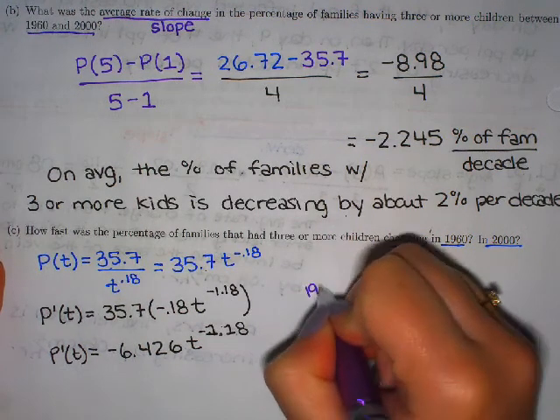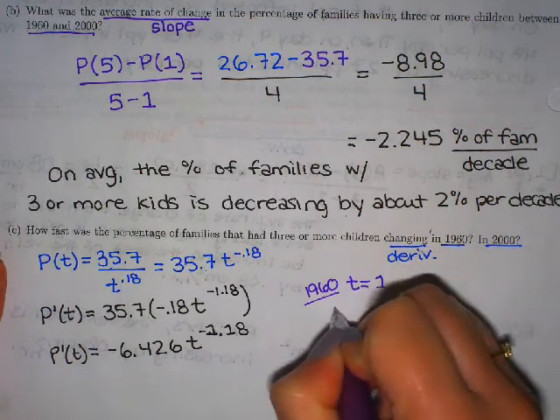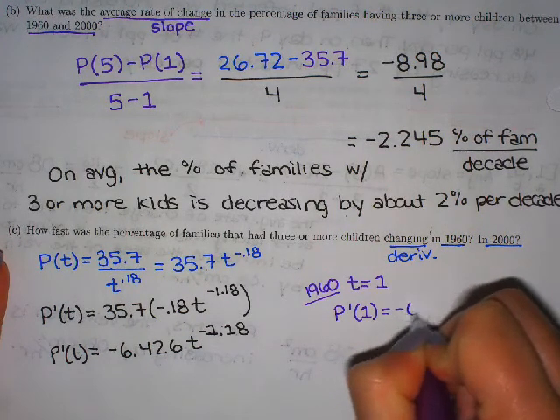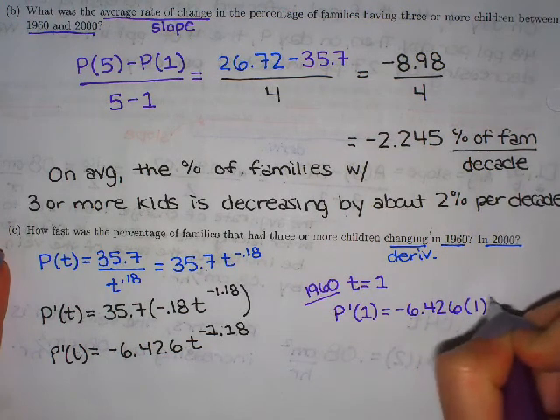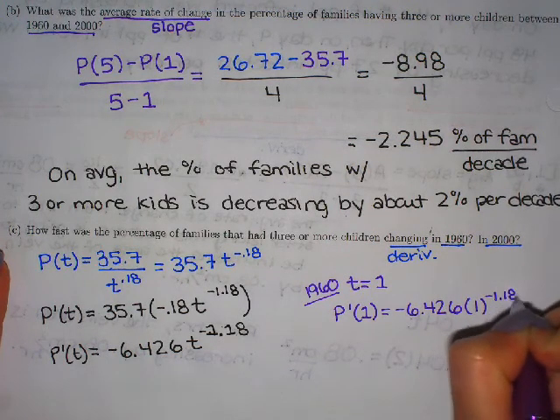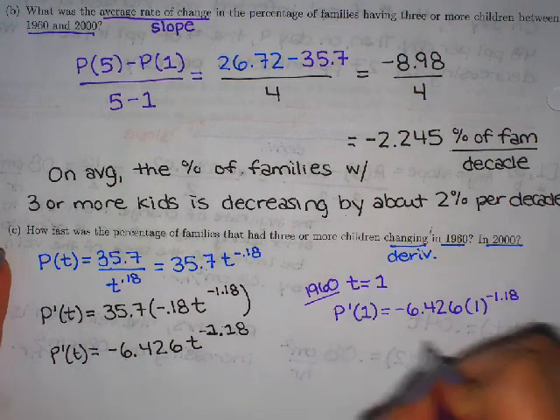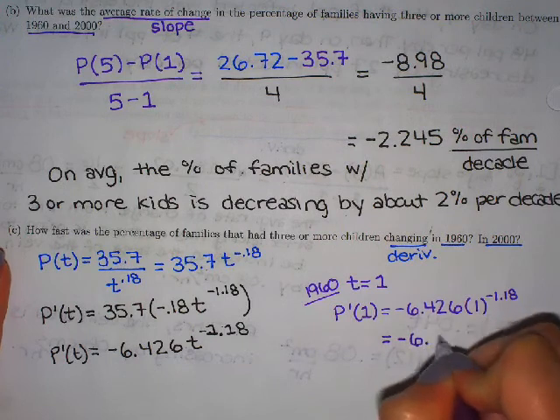So off to the side here, we can do 1960. That's t equals 1. So we're going to do p prime of 1 which is negative 6.426 times 1 to the negative 1.18. Plugging in 1 for that t there into the derivative.